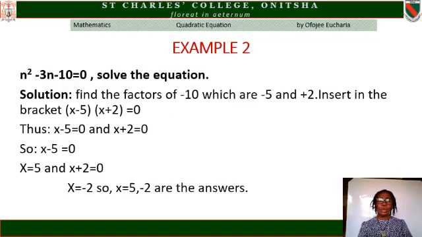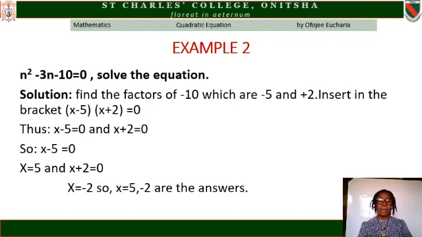Example 2. We have to solve n squared minus 3n minus 10. And that takes us back to finding the factors of minus 10 that will give us minus 3. And that's what we have as minus 5 and plus 2. We then insert it in the two brackets to get x minus 5 in the first bracket, x plus 2 in the second bracket, equal to 0 to make it an equation so that we solve it.